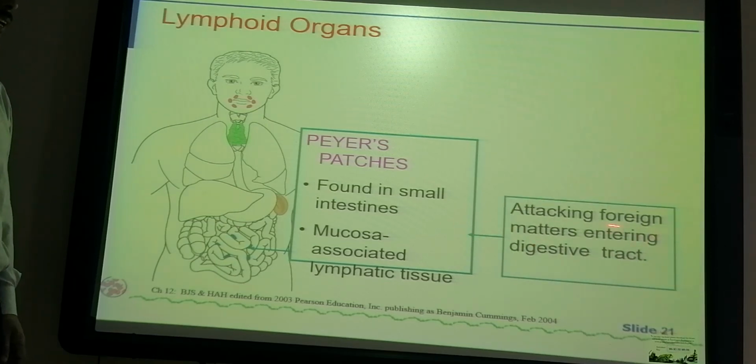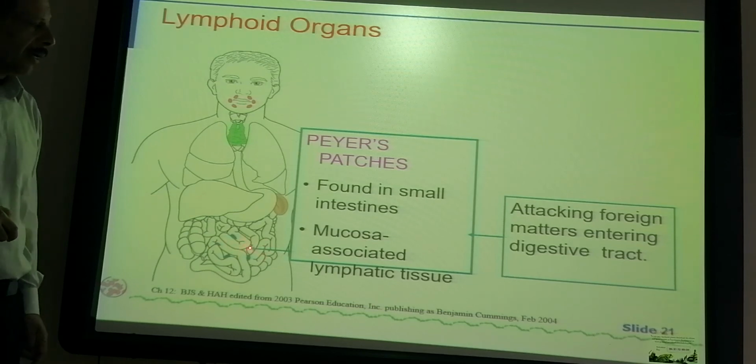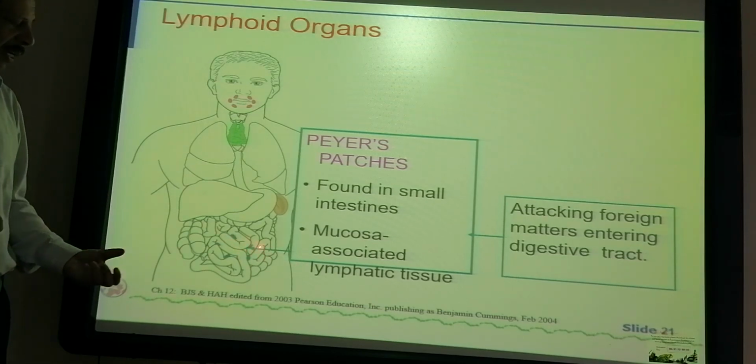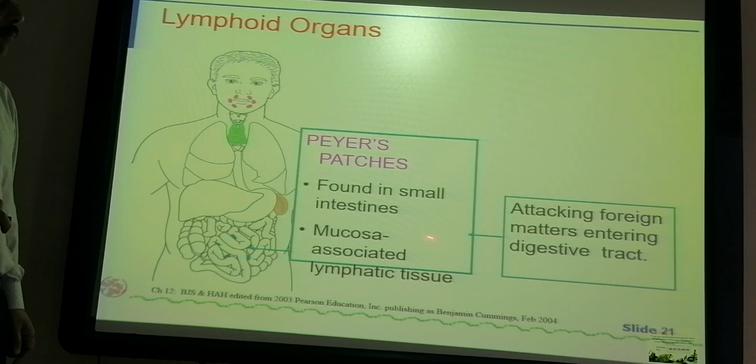They attack foreign matter entering from the digestive tract. So any foreign material or any antigen which is absorbed from the intestine into the lymphatic tissue will be attacked by Peyer's patches.